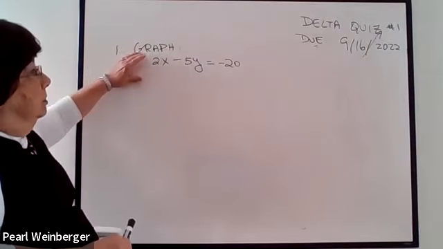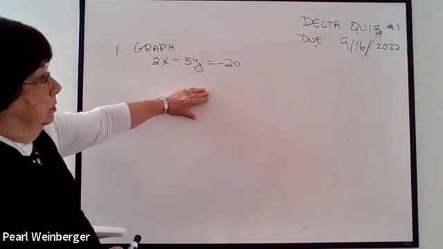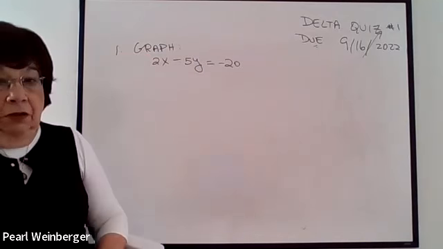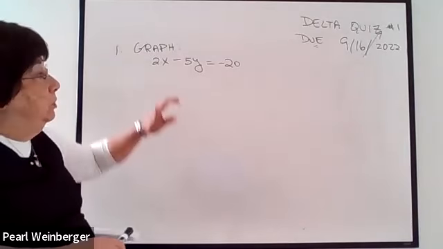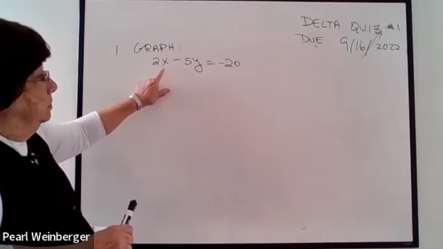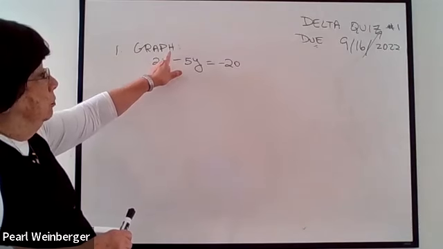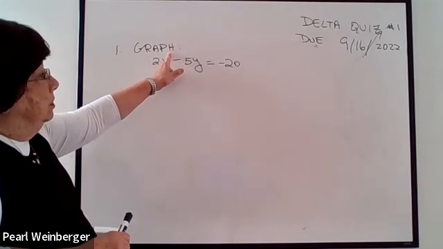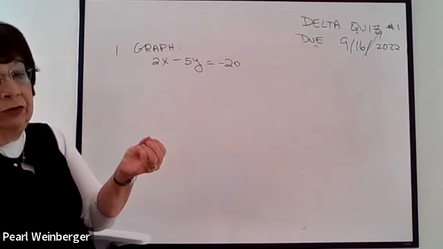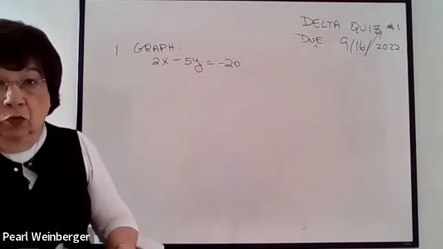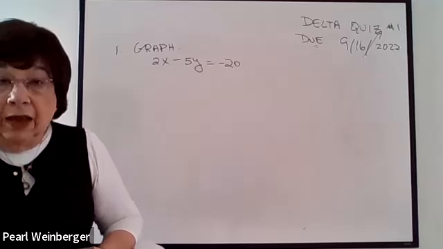Okay, so now let's review what we learned the other day about how to graph what's called a linear equation. Let's remind ourselves, it's called a linear equation because the exponents, we don't see any exponents, are understood to be 1. There's no higher exponents.